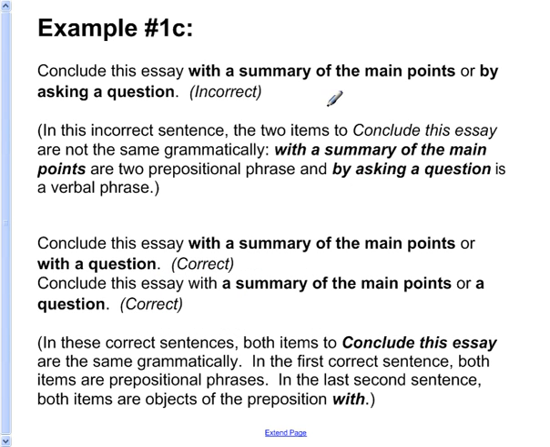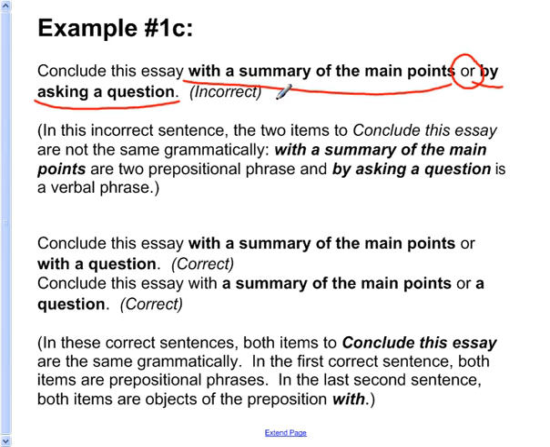Third example, conclude this essay with a summary of the main points or by asking a question. Here, we have 2 items in the list that are joined by a coordinating conjunction, or. So the 2 items are with a summary of main points and by asking a question.